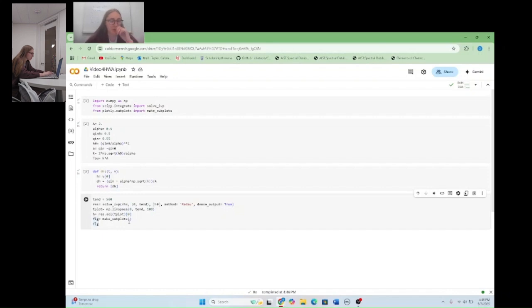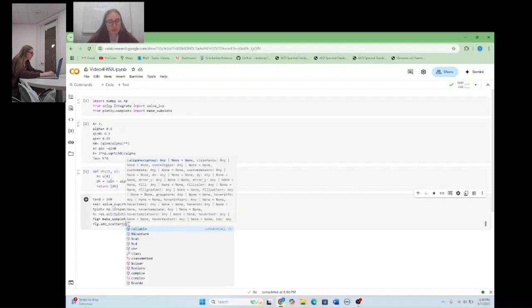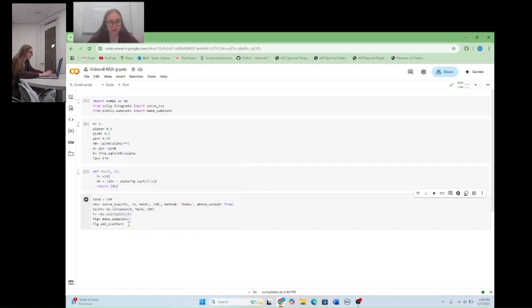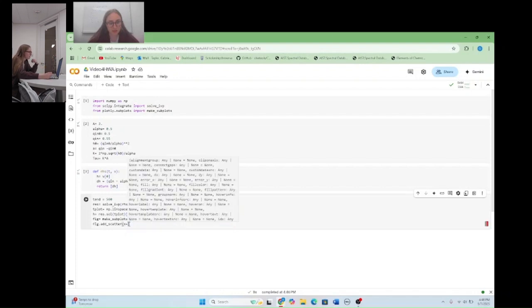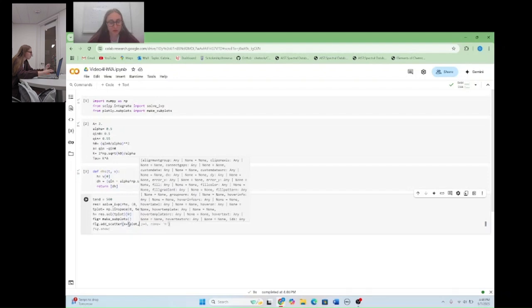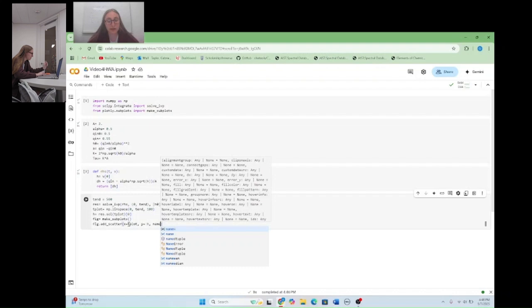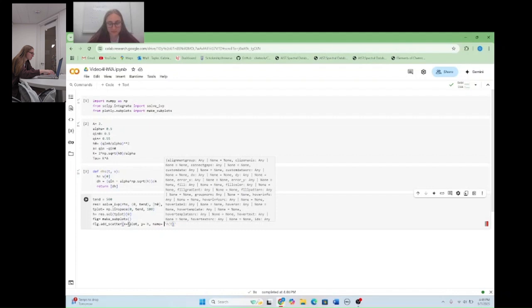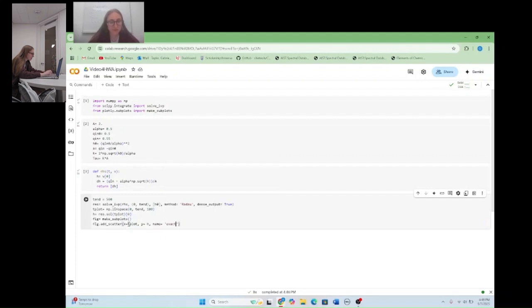So that's our exact function: add_scatter, and then we have x equal to t_plot, y equal to our h. We're going to name this exact.